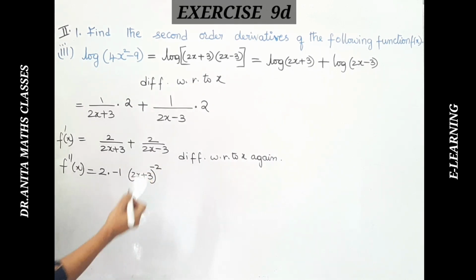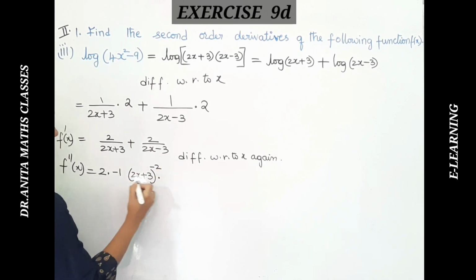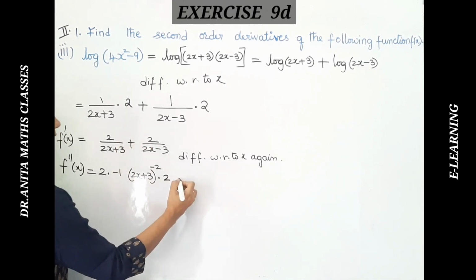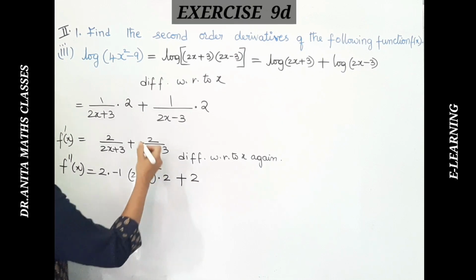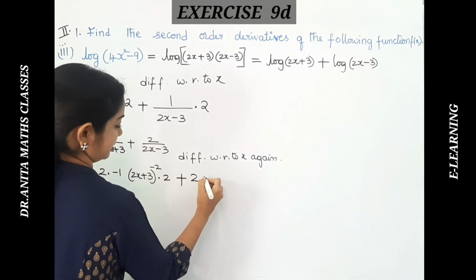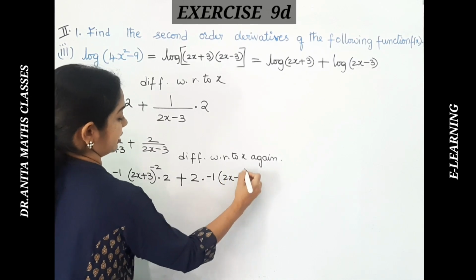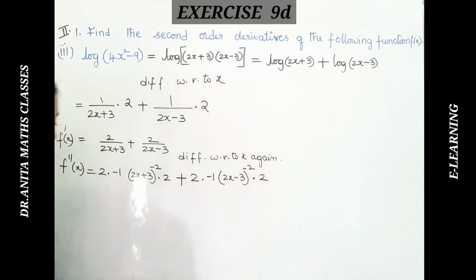Minus 1 minus 1 is minus 2 it becomes. And again chain rule, differentiation of this is just 2. Yes. Now again plus, take 2 out. So you get again differentiation minus 1, 2x minus 3 to the power minus 2. Again differentiation of 2x minus 3 is just 2.